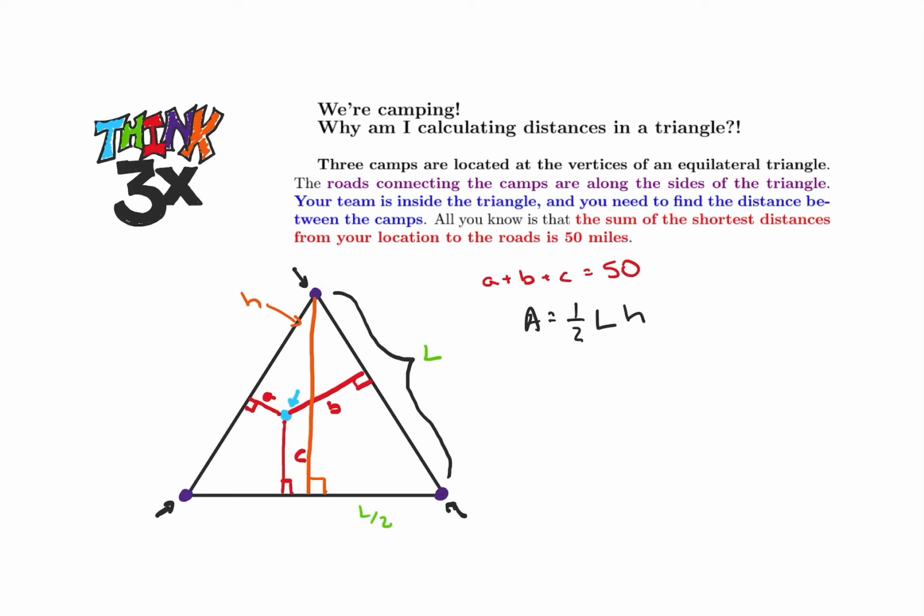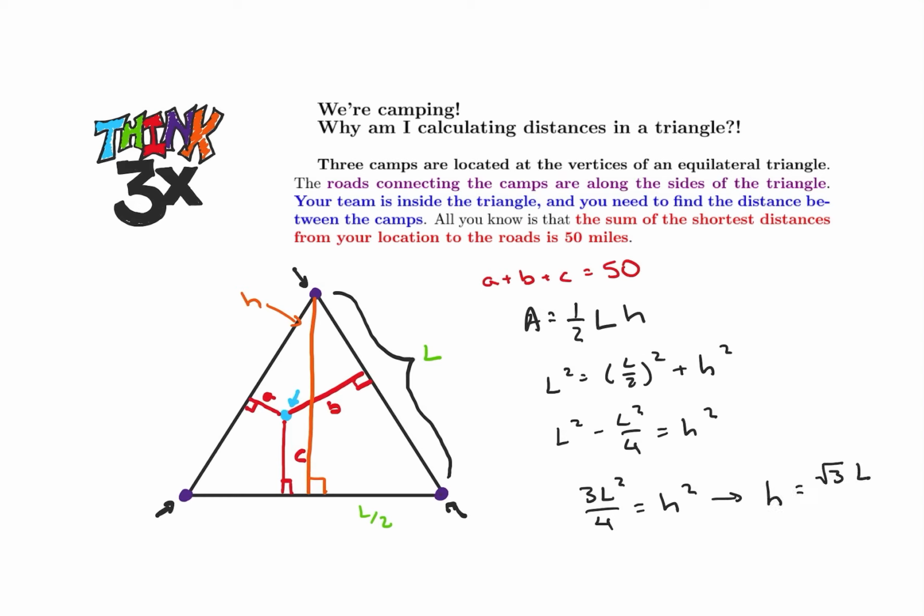We get that L squared is equal to (L over 2) squared plus h squared. So L squared minus L squared over 4 is equal to h squared. So 3L squared over 4 is equal to h squared, which tells me that h is equal to root 3 L over 2.